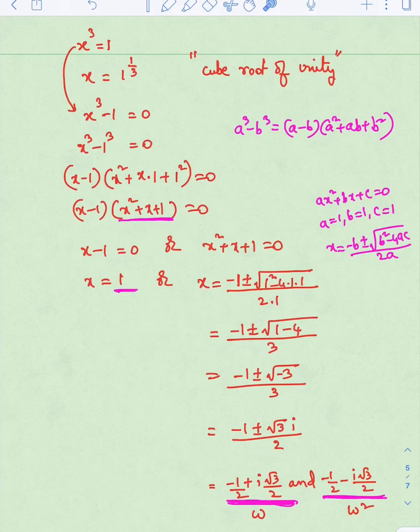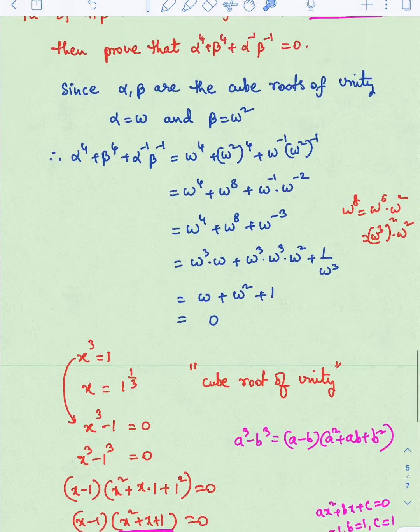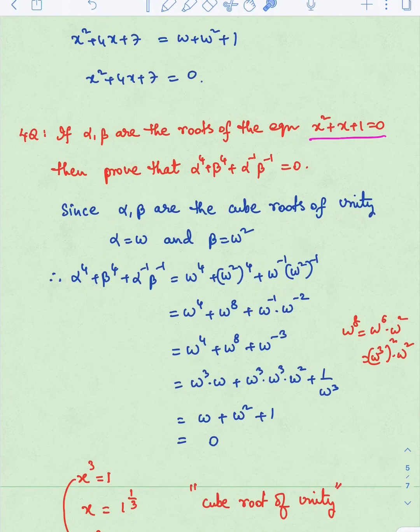Dear Sweros, in this roots of unity, its root is 1, of course. Its roots are alpha and beta here, omega and omega square. That is taken here in this first step. It has two roots. They are cube roots of unity. They are omega and omega square.